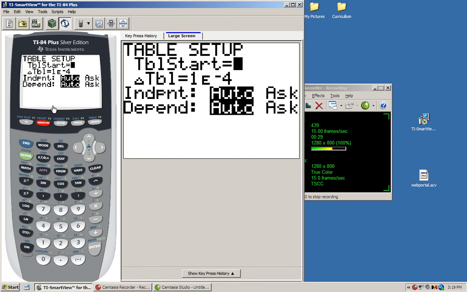Since I want to see if it exists at 2, I'm going to make my table start at 2. Then I'm going to go to my change in table, and I'm going to change this to, oh, I don't know, 0.001, or you can plug as many zeros as you want to. The more zeros you plug in, the more accurate it's going to be.